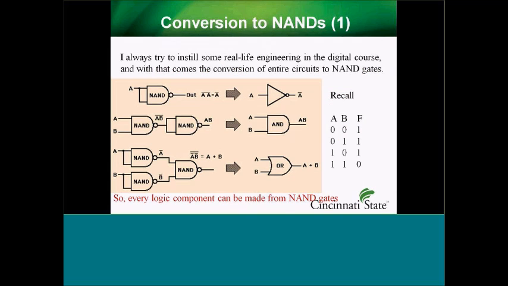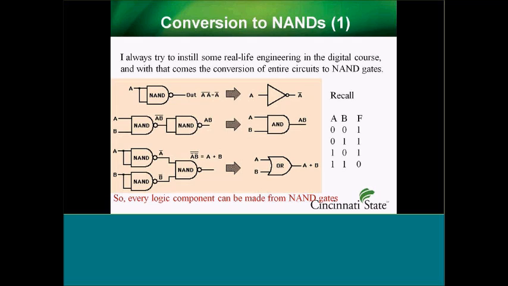A big part of this is, like I said, conversion of gates to NANDs. I always try to instill some real-life engineering into the digital course, and basically, circuit designers lay out things in NANDs because once they have an optimized layout for a NAND gate, sometimes it's easier to just do things in NANDs rather than going through a bunch of different types of gates or different footprints.